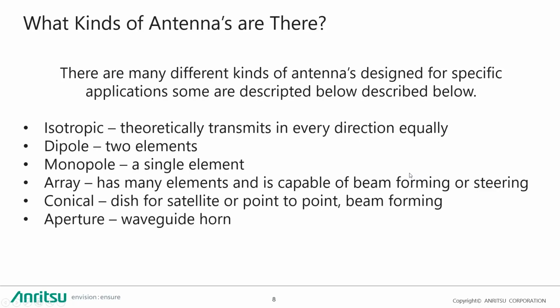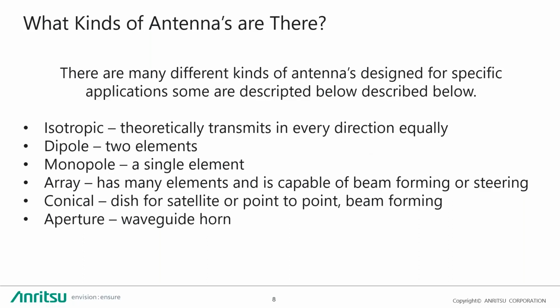There are a lot of different types of antennas: isotropic, dipole, monopole, array, and phased array antennas. Those are utilized primarily for beamforming. There are quite a few interesting advances in chips where the chipset can adjust the phase of a signal and create a beam, and that's in a lot of 5G technology and things like that that are coming forward.